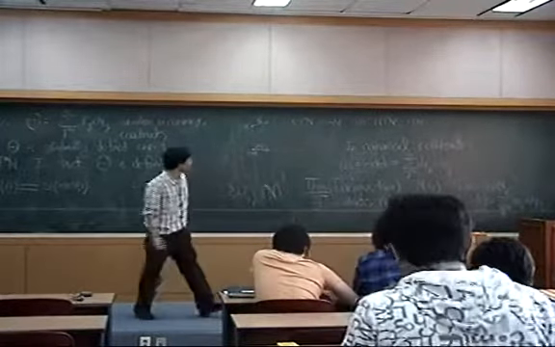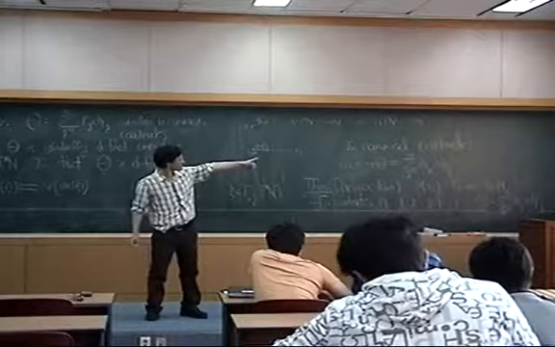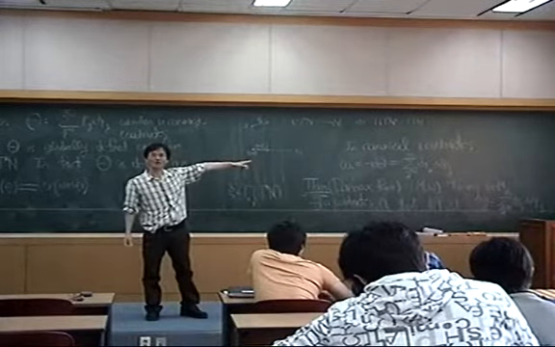So any symplectic form can be written as the canonical symplectic form on Euclidean space.